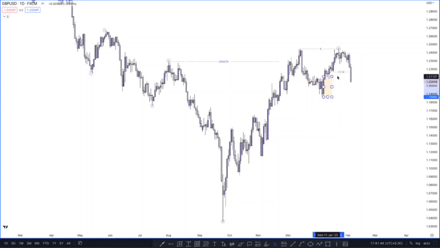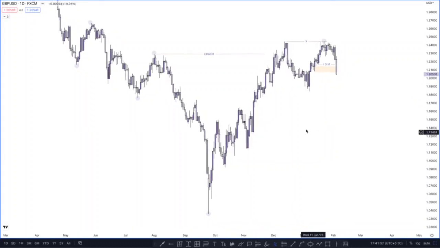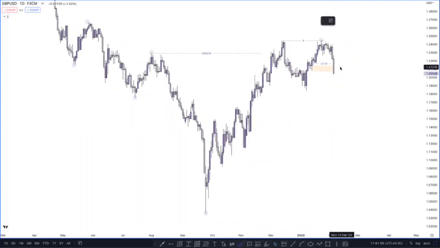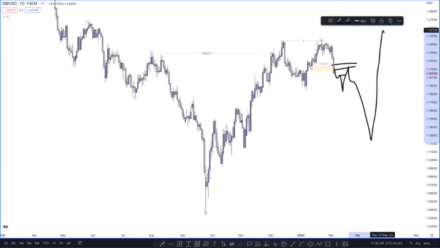But if you check here, this shadow is unmitigated just below it. Market sharply broke this one. So when we can expect the next move, if price continues to push downside and creates any inducement, then we are willing to sell here for the short term before it goes higher, right?